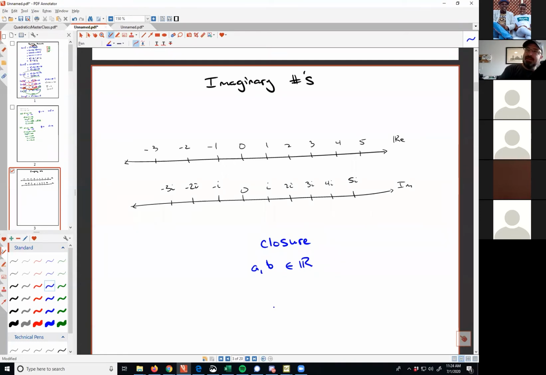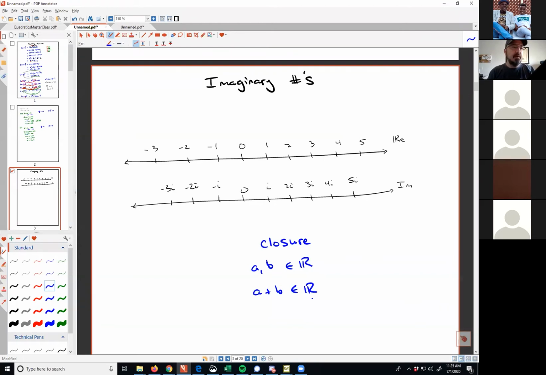If any two elements of this set can be added, or we apply any operation to them, and we still get an element of the set, then we say that set is closed under that operation. So the real numbers are closed under addition, they're closed under subtraction, they're closed under multiplication, but because of division by zero being undefined, they're not closed under division.